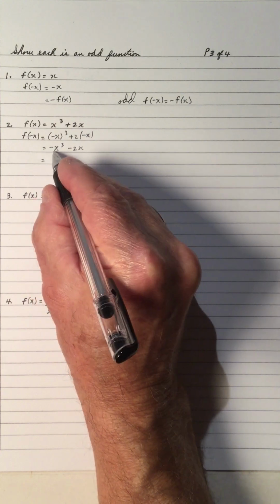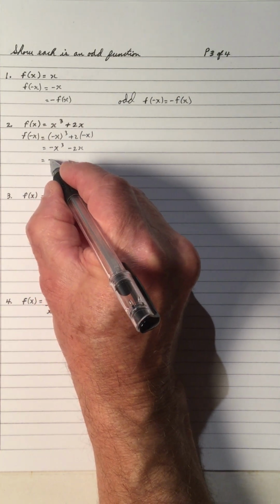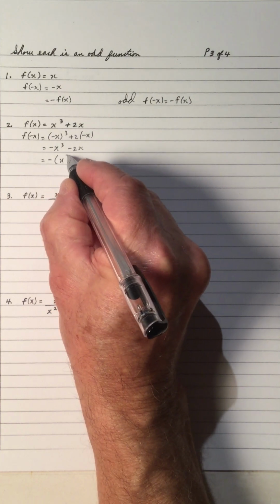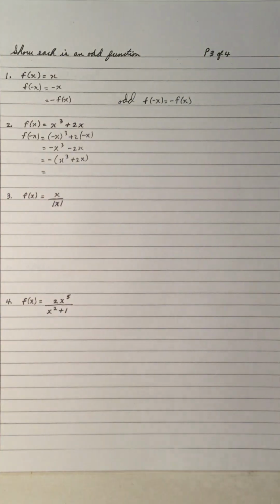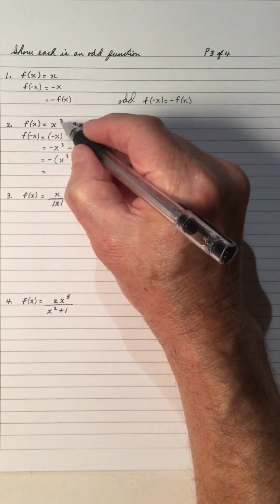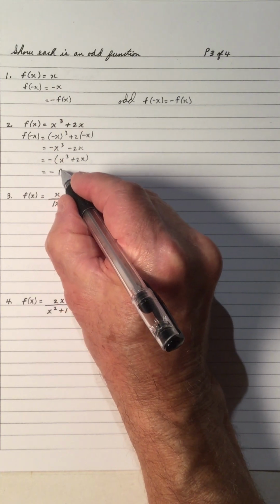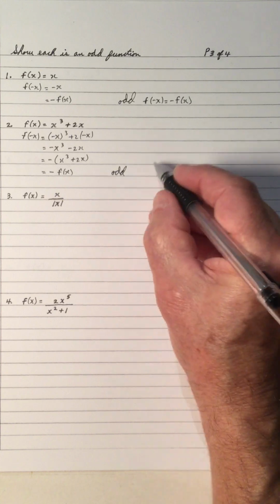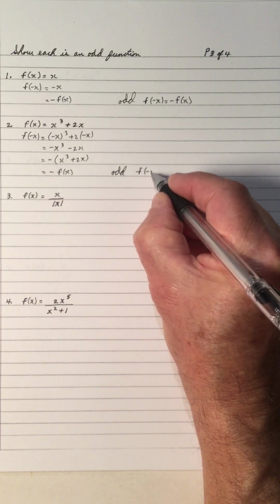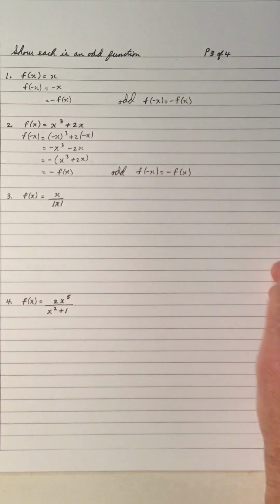Notice that we have a negative common factor, so take the negative out, and I get x cubed plus 2x. x cubed plus 2x is f of x. So that's the negative f of x. So again, why is it odd? Because f of negative x is equal to the negative f of x.